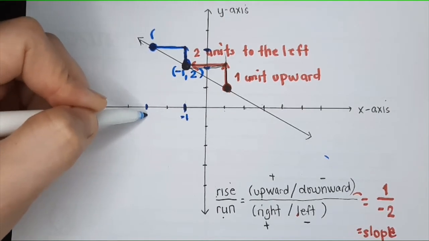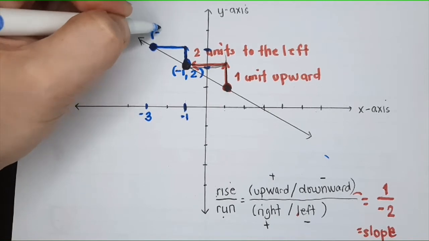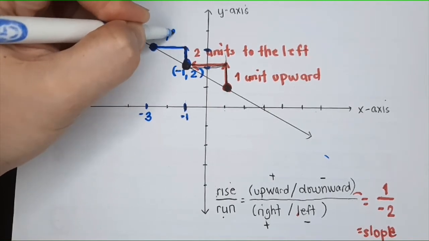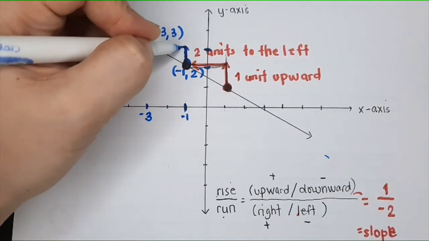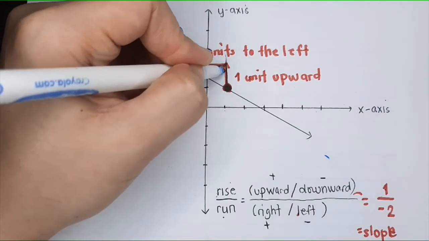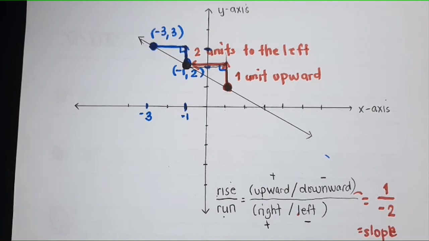This is negative 3. So, this point has coordinates negative 3, 3. Okay? Always remember na yung movements dapat magpo-form ng right triangle.